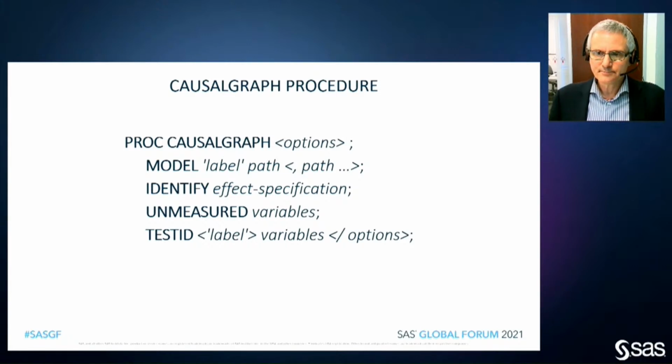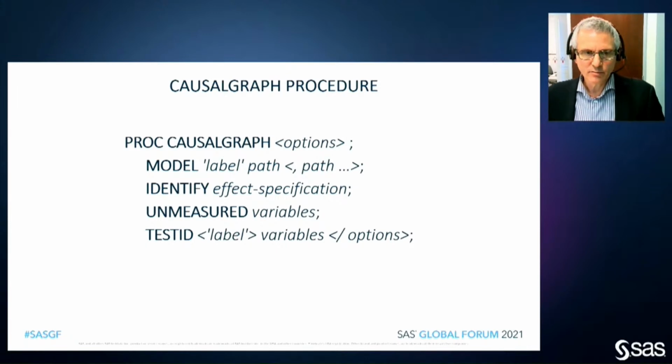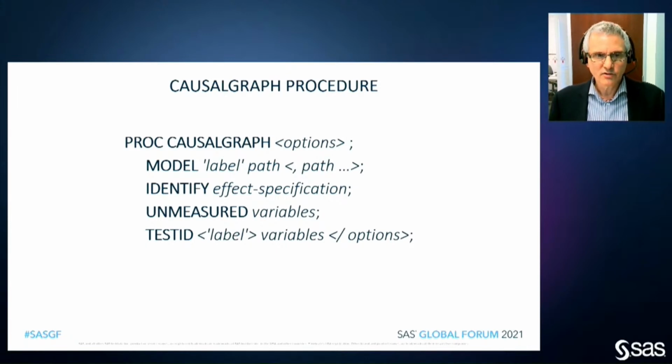We'll see how to do that. And you identify the causal path of interest on the identify statement. If any of the nodes represent variables that are or will be unmeasured, you specify them on the unmeasured statement. Unmeasured nodes cannot be blocked, so it's important to let PROC CAUSALGRAPH know which of those nodes cannot be blocked.